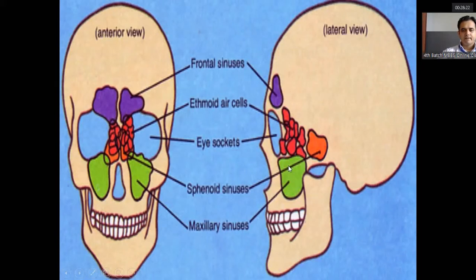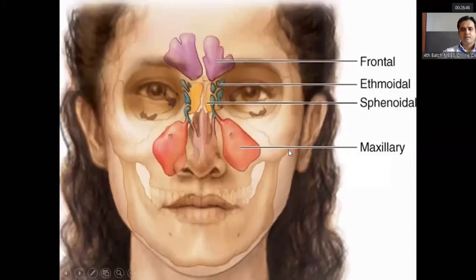The sinuses, as you can see here and here, lie above, below, and behind the orbit: frontal sinuses above, maxillary sinus below, and ethmoidal air cells and sphenoid sinus behind. This is how the sinuses fit in the face: maxillary sinus, ethmoidal, sphenoid, and frontal sinus.